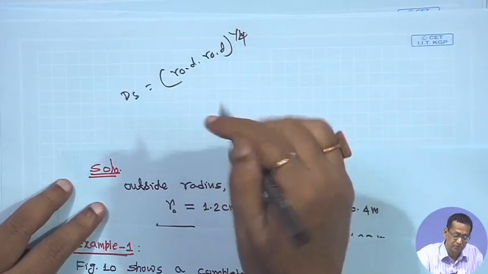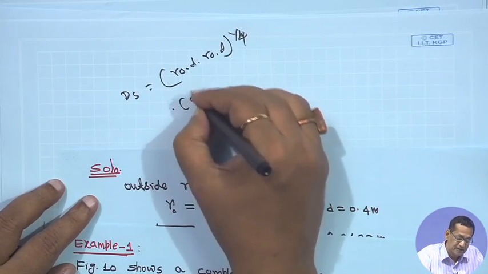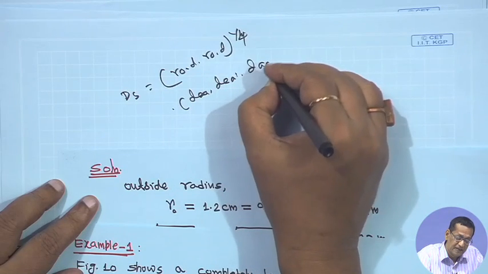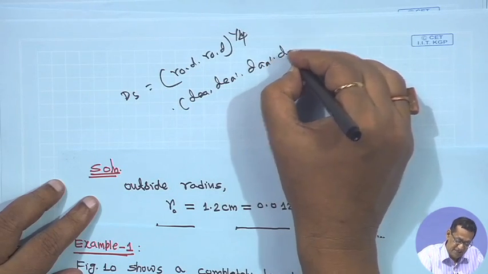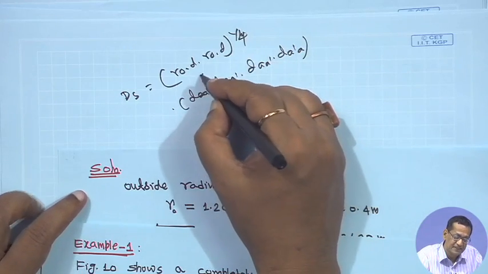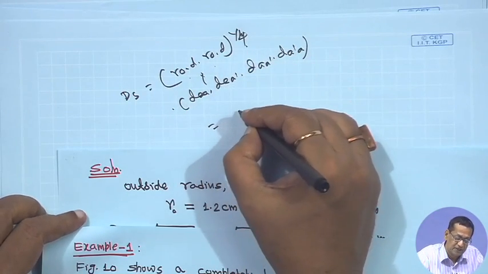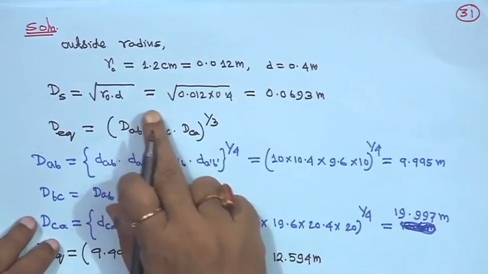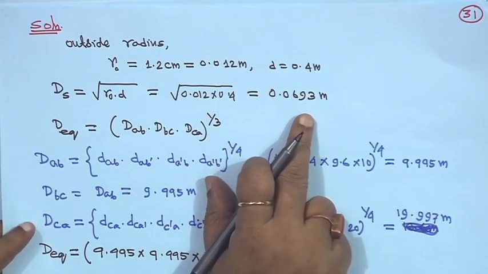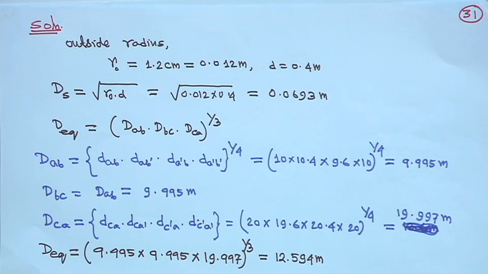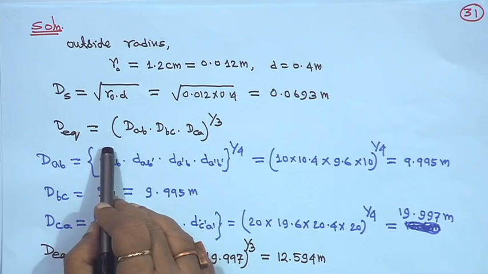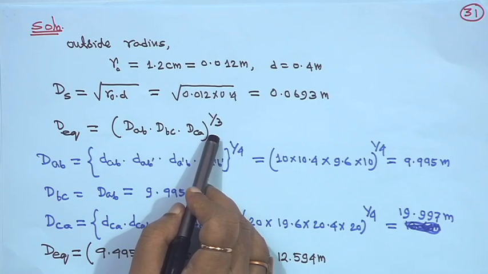Basically it is dAA dash into dA dash A, so it is r0 d to the power 1 by 4, that is r0 d to the power half. That is why ds is equal to root over r0 into 0.4, so it is 0.0693 meter.